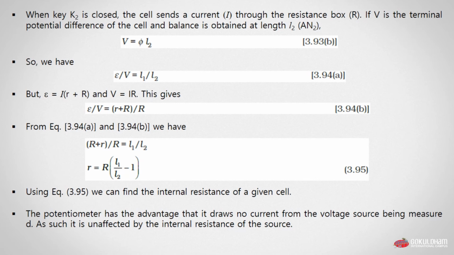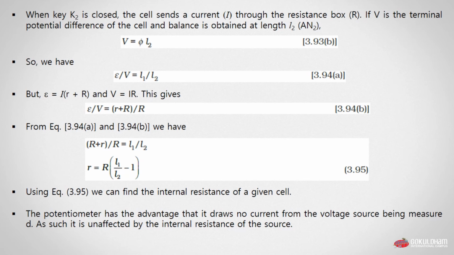But epsilon is equal to I into (R plus r) and V is equal to IR, then this will give us epsilon by V is equal to (R plus r) divided by R, which is our equation 3.94b.